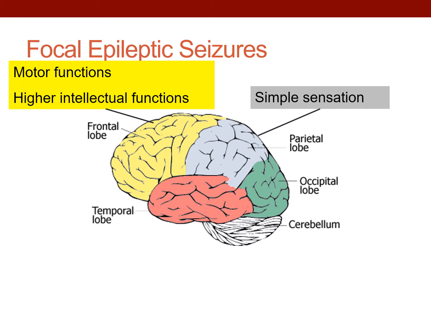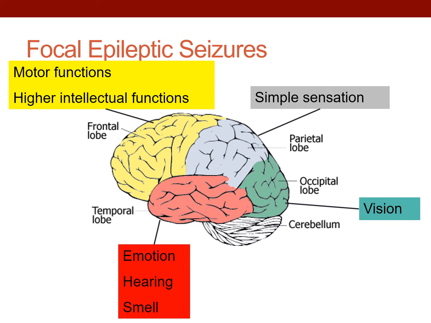This is parietal lobe. Vision comes from the occipital lobe. Temporal lobe: emotion, hearing, smell. So if there is a focal origin of the seizure in the temporal lobe, the patient will come with a presentation representing the function of this lobe. So it will come either with a problem in smell or hearing or emotion.